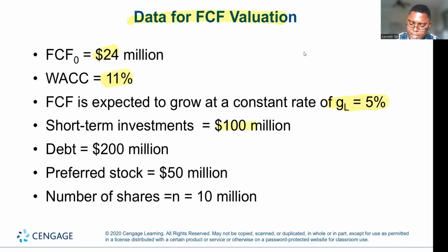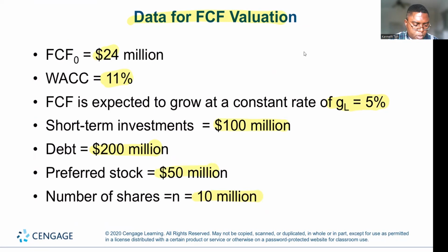Short-term investment is given as 100 million. Debt is given as 200 million. Preferred stock is given as 50 million. And the number of shares outstanding is 10 million. So with this, we can calculate the value of operation.